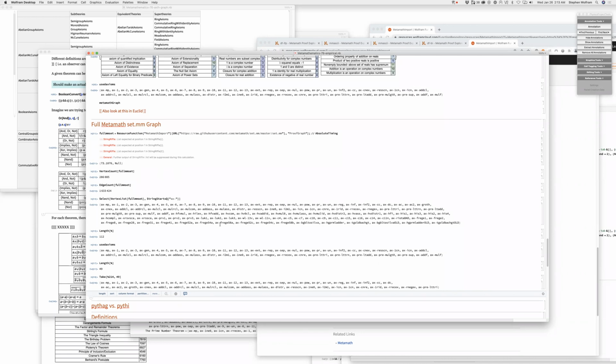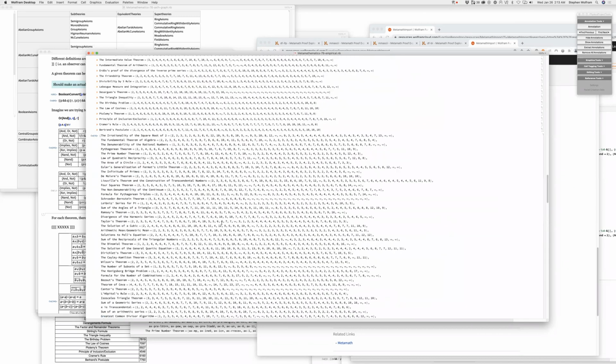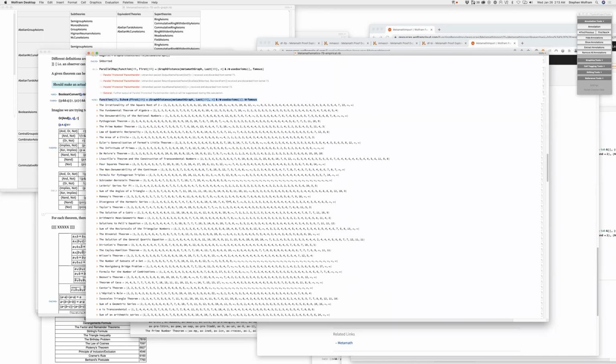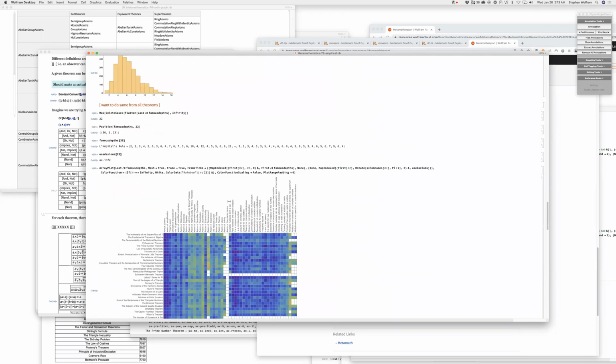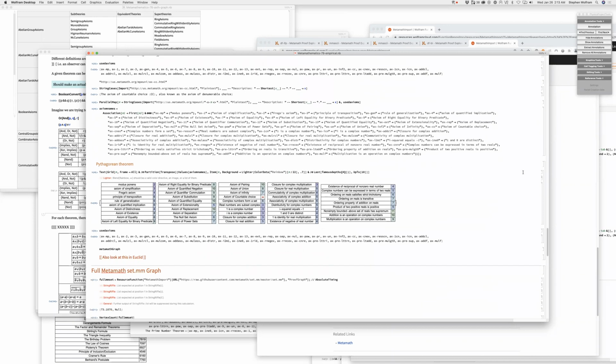Right. So what we really want to do here, we could do this same thing again here, but with the new graph. Actually, let's look at the Pythagorean theorem in the new graph.